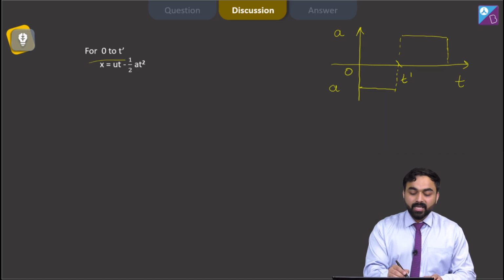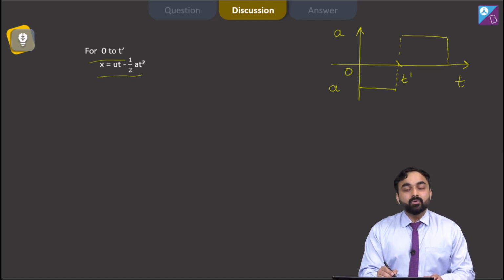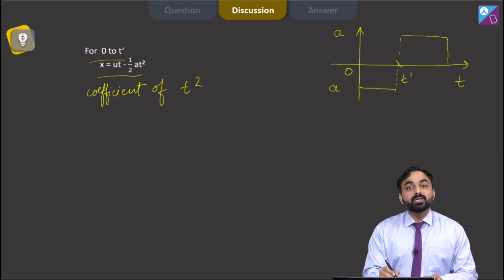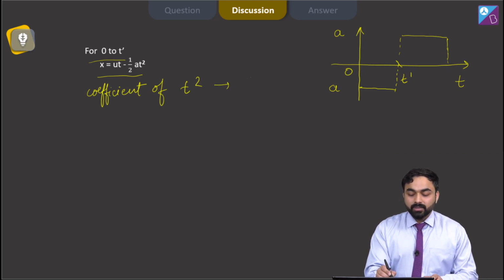So what I can write? I can write that x is equal to ut minus half at square. So students, here you can check that the coefficient of t square here is coming out to be negative.